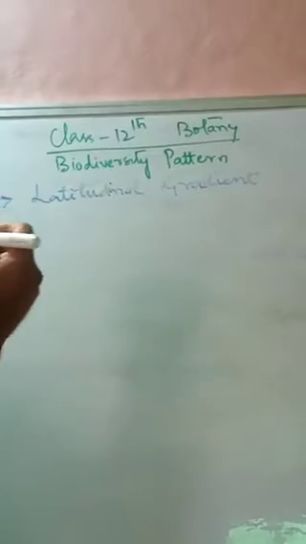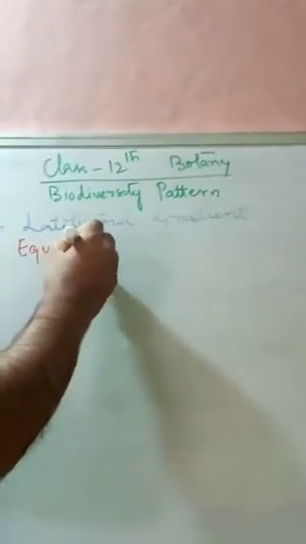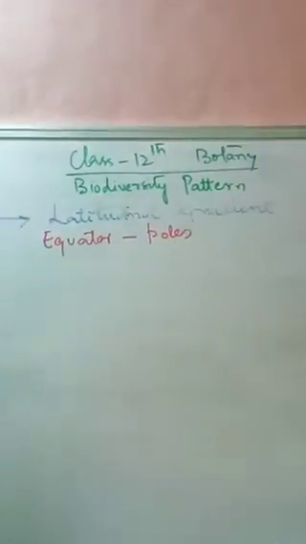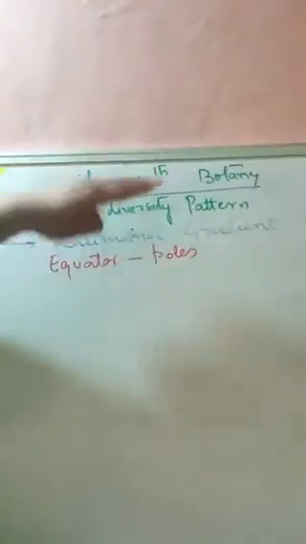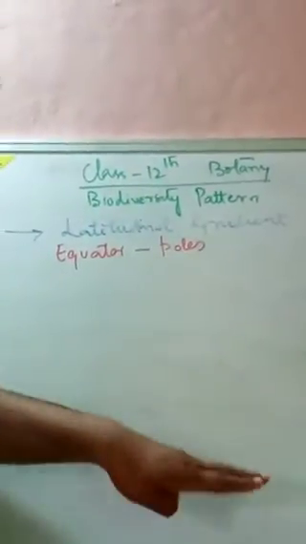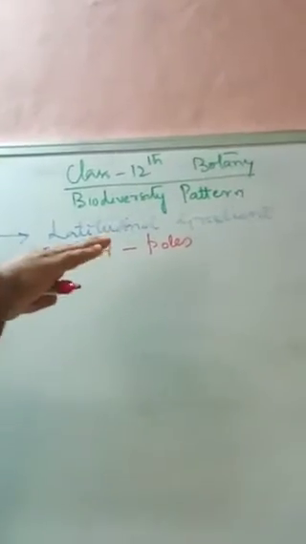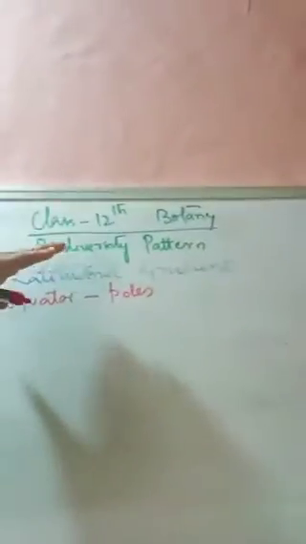As we move from the equator to the poles, that is in both hemispheres, from the equator to the north pole and from the equator to the south pole, we will find that the number of species goes on decreasing.